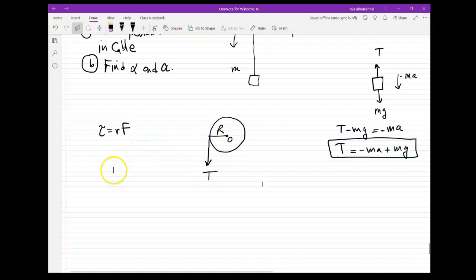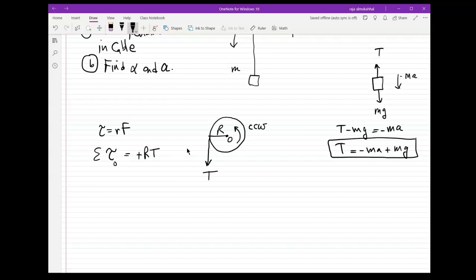And as the pulley is going this way, that's counterclockwise. That makes it positive. So in this case, the torque, sigma tau about O, is equal to plus RT. Is that okay?